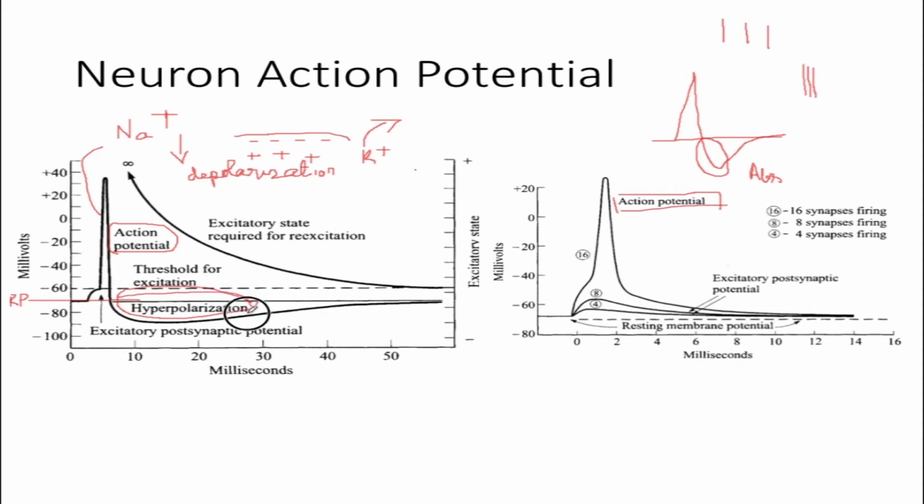There, it will not allow any firing of the action potential at all. But the later part, this part, is known as the relative part of the hyperpolarization. This is where it will allow a firing. If required, it will allow the action potential to fire. So these are the points we have to keep in mind in terms of the neuron action potential.